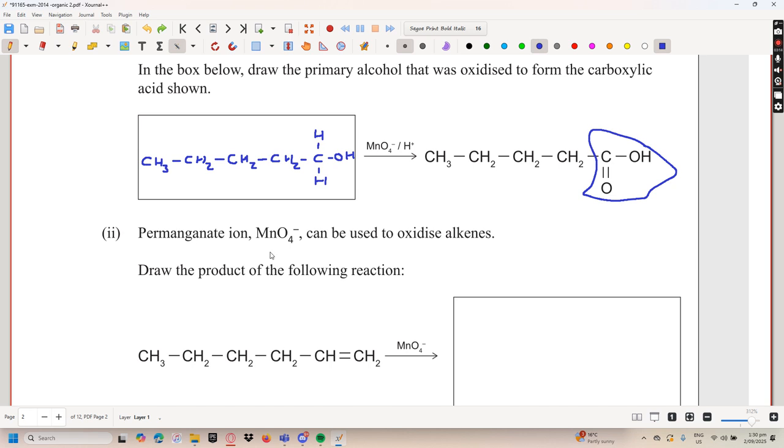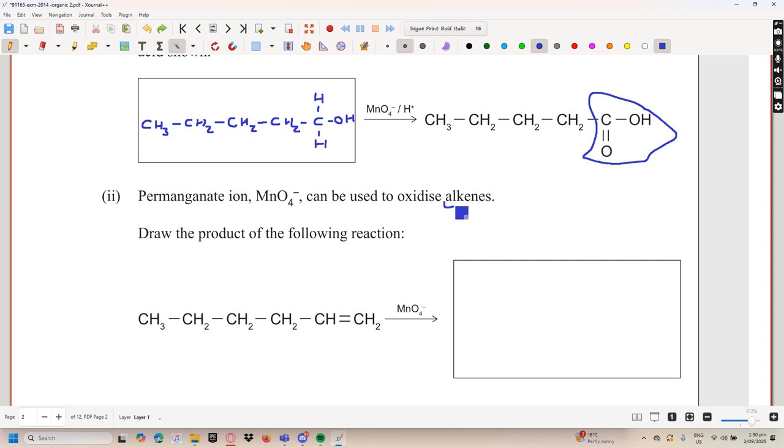Permanganate ion can be used to oxidize alkenes. Yep. Remember, an alkene is a guy like this with a double bond. So when you oxidize an alkene, you actually produce a type of alcohol, which we call a diol. We call it a diol because it produces two OH groups. So putting in all this guy.